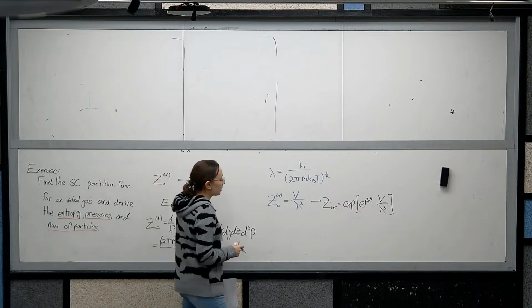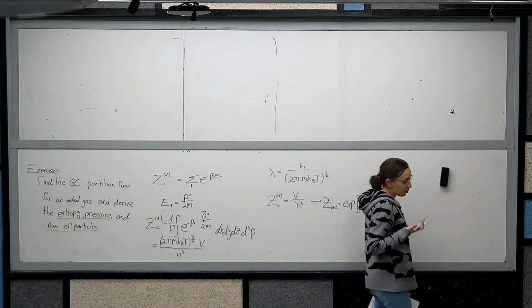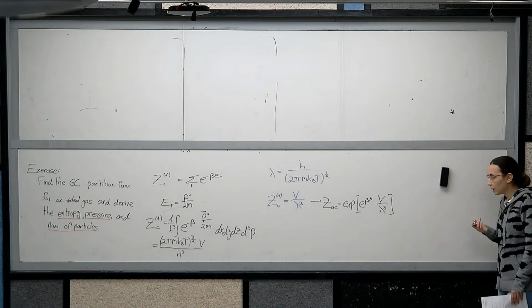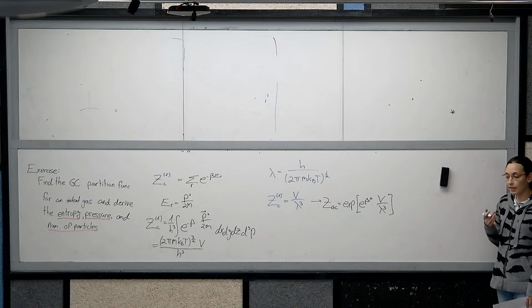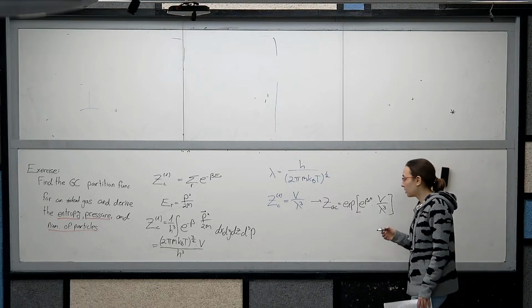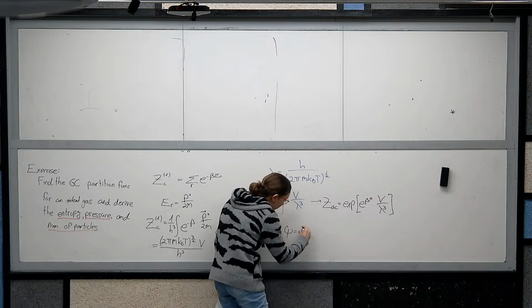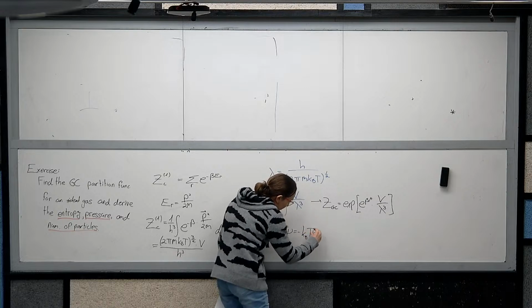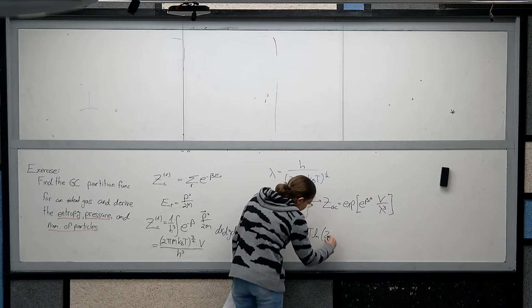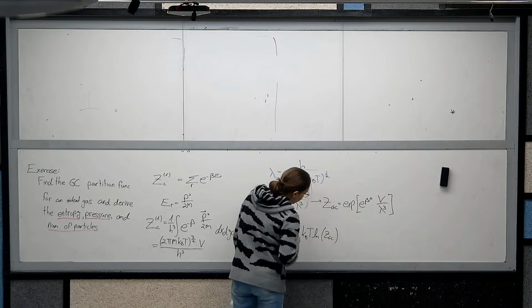First, in order to find thermodynamic quantities, we need to find the grand canonical potential. So we need to find this psi that equals minus kBT ln of the grand canonical partition function.